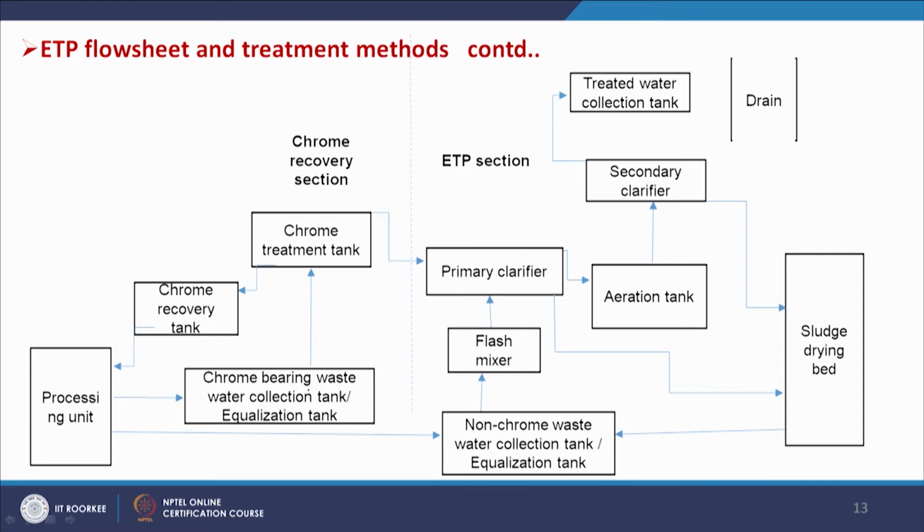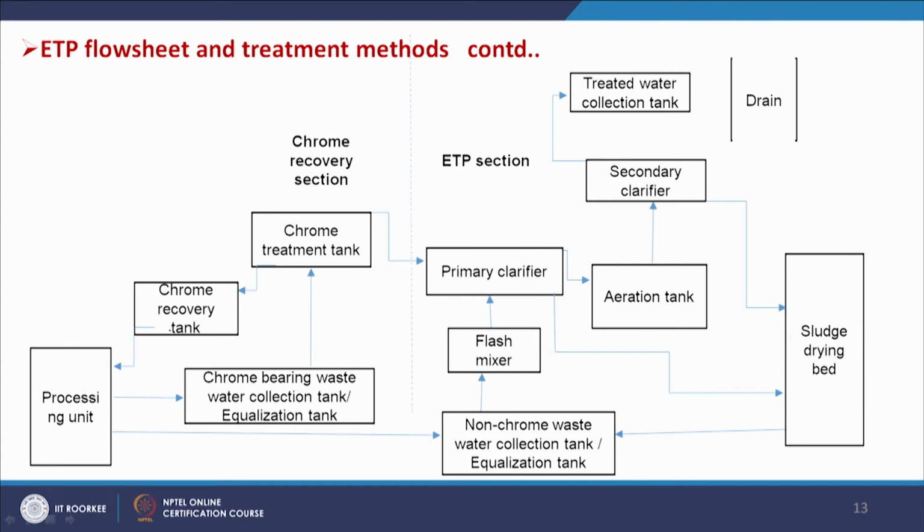So, the chrome bearing wastewater can be passed to the chrome treatment tank. In this treatment tank, some magnesium oxide will be added, and then the chromium will be precipitated. The supernatant liquid can go to the primary clarifier of this ETP, and the chromium sludge, which is generated here as chromium hydroxide, will be transferred to the chromium recovery tank.